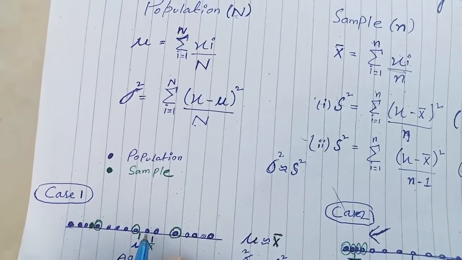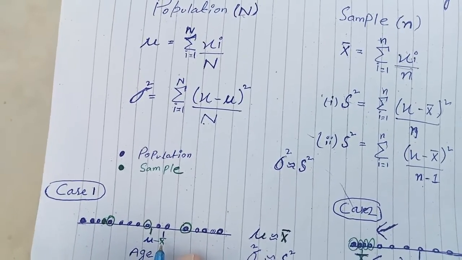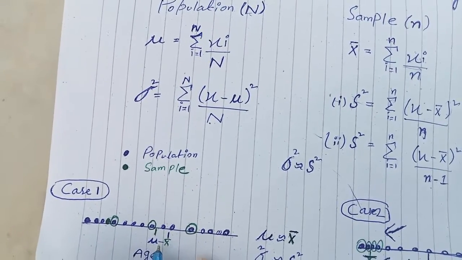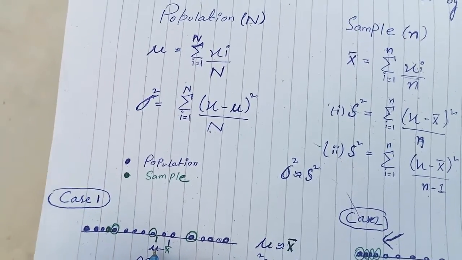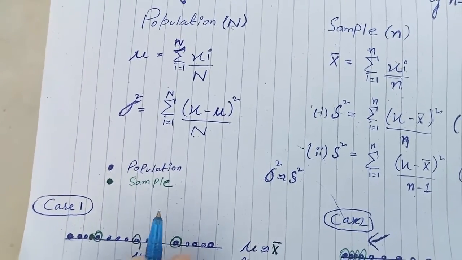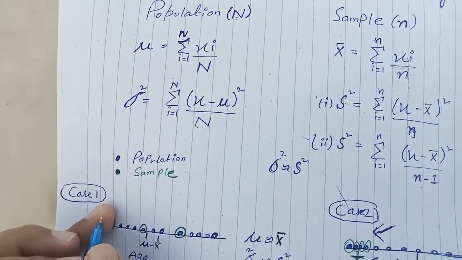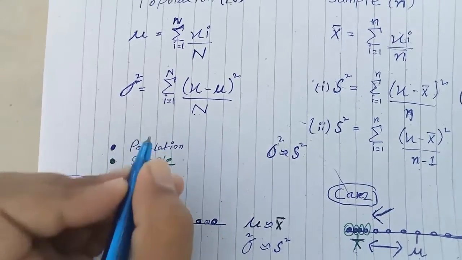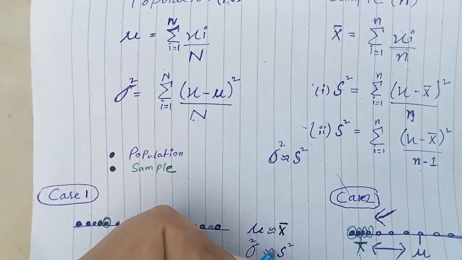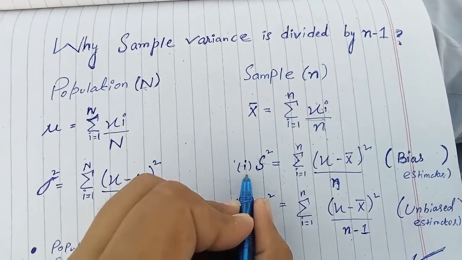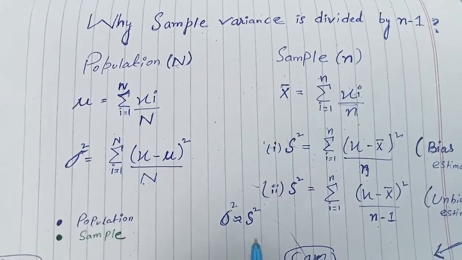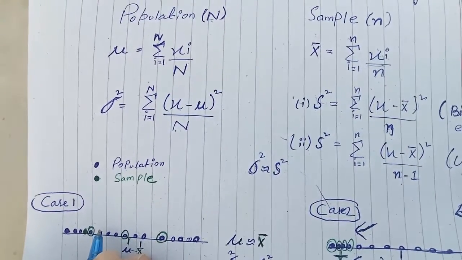So we take samples and calculate the sample means, and when we compare the sample mean with the population mean, it is almost near the population mean. In case 1, not just are the population mean and sample mean close, but when we calculate the population variance and the sample variance with the biased estimator formula, the values will be almost similar.